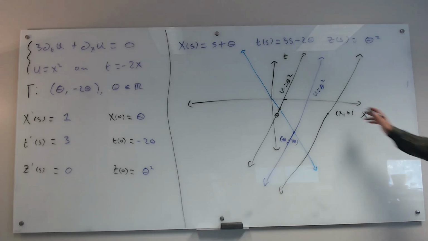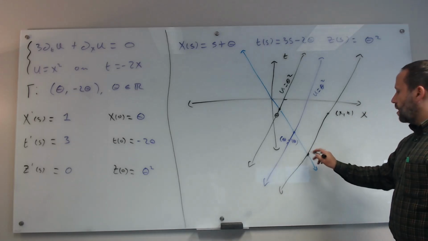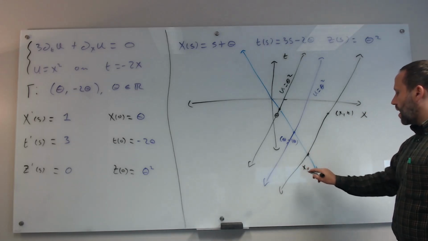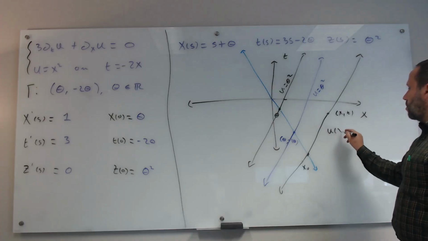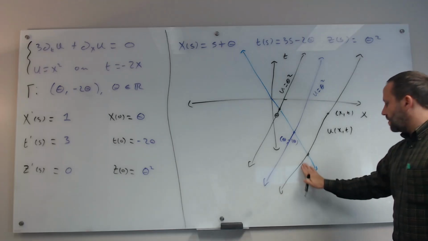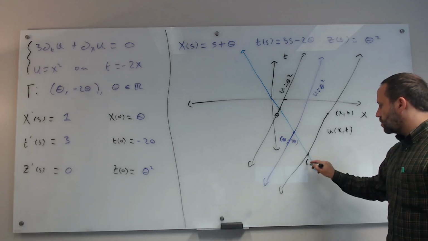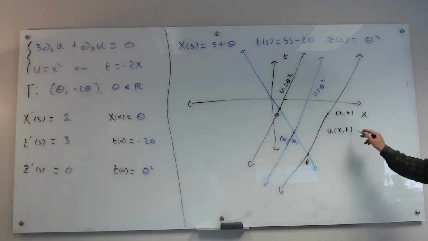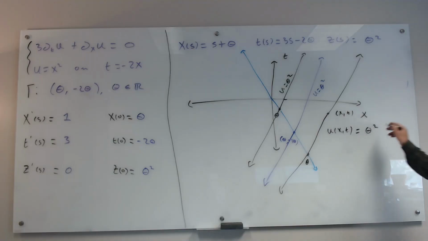Okay, so given this point (x, t), if we can find the value of theta that corresponds to it, we know that u of (x, t) is just going to be equal to theta squared. Well, how can we do that?